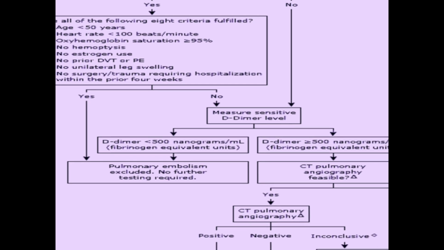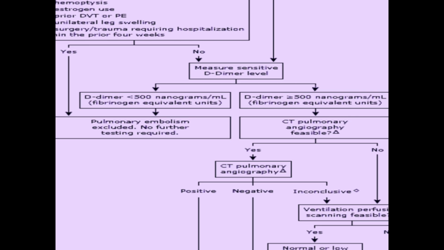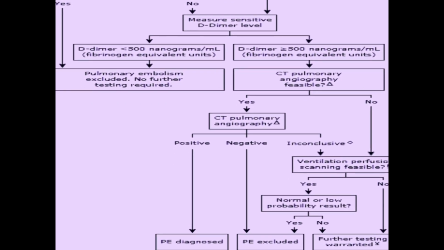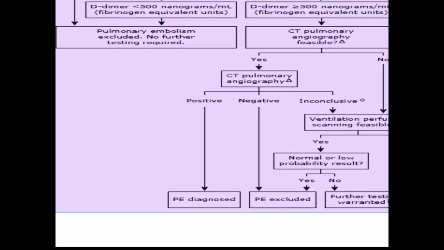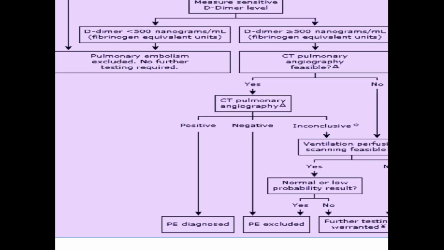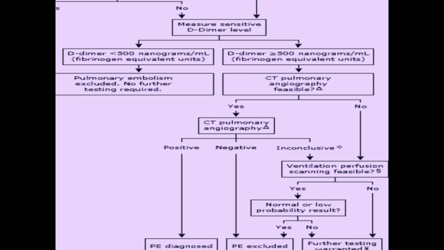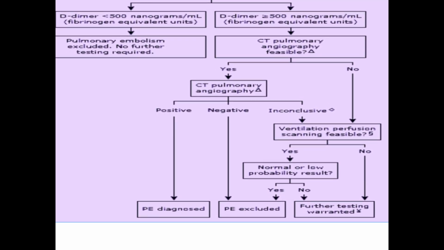If D-dimer is more than 500 nanogram per ml, then we do CT pulmonary angiography. If the CT pulmonary angiography is feasible, yes, then we do CT pulmonary angiography. If it is positive, then pulmonary embolism is diagnosed. If CT pulmonary angiography is negative, then pulmonary embolism is excluded. If it is inconclusive or cannot be done, then ventilation perfusion scanning is planned.